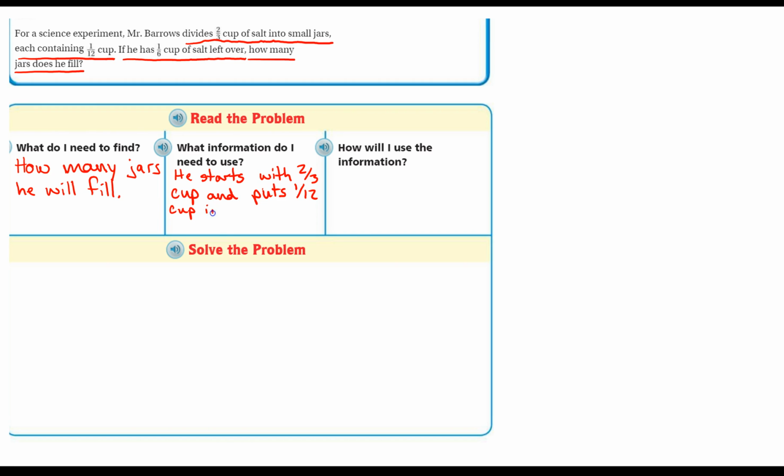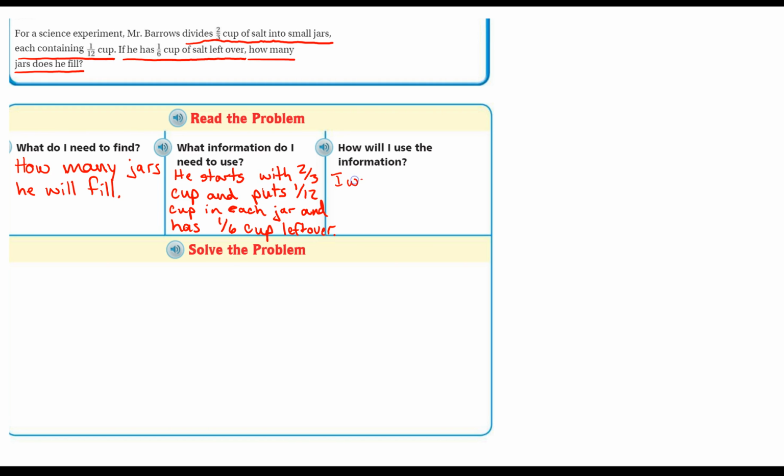I'm going to run out of space here. And has 1/6 cup left over. Okay. How will I use this information?